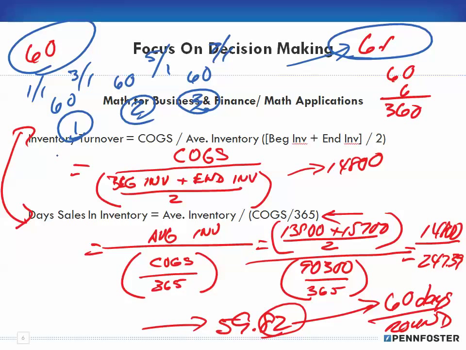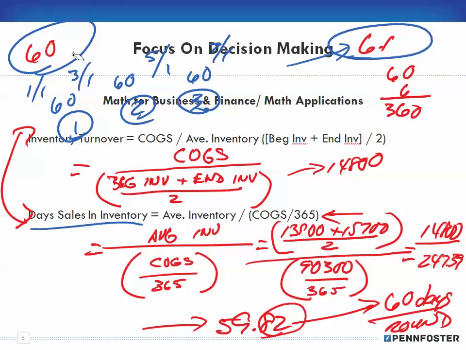It's important to know how often I turn the inventory over per year. Obviously, the quicker I can turn my inventory over, the more money I'm making. But I also might want to know how long it takes me to turn over the inventory each time. Okay, and that's your days sales in inventory. In this case, we're turning the inventory over every 60 days. Okay, so I hope you understood that.